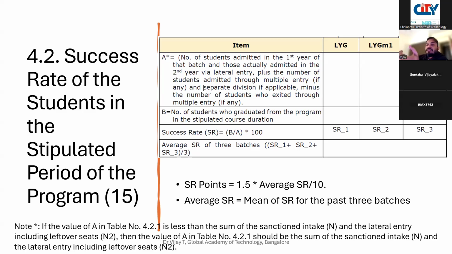His number has to be considered over here in column B. So any student having a backlog, and by the time he completes 8 semesters, if he or she is able to get a degree certificate, then such a student has to be considered a successful student.